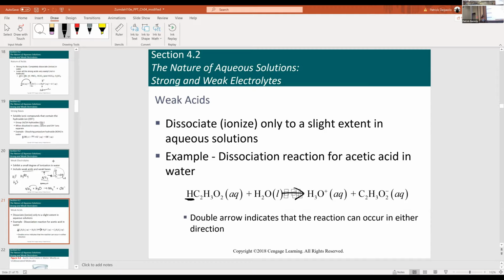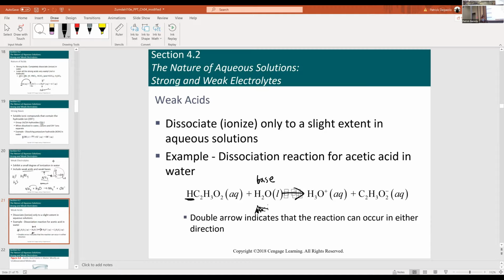So you could have written it as C2H4O2, but then you don't really know the structure, so you don't know that it's acetic acid. But anyway, what happens is the same thing as we saw for ammonia, where water in this case will act as the base, because acetic acid is acting as the acid, even though it is weak.